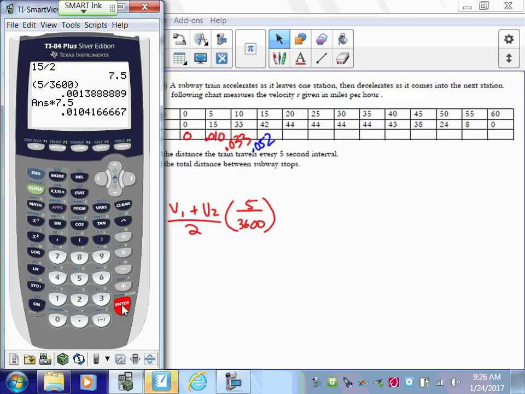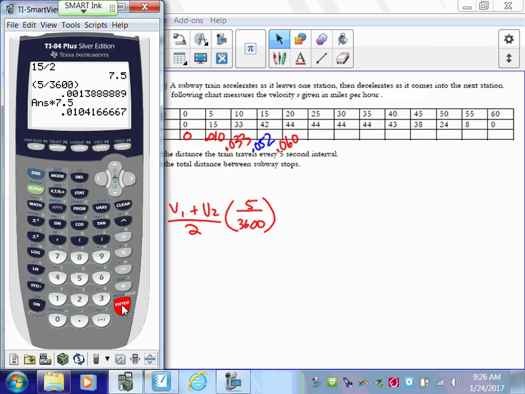Yeah, 0.059 something. So would 0.060 work for that one? Yeah, okay, that's where I got that one. 0.060.